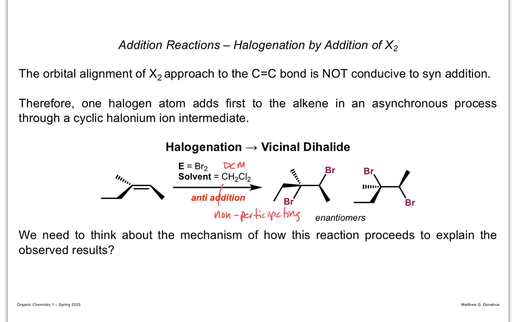This is a non-participating solvent, meaning that when you look at the product, you don't see any of the elements of the solvent in the products, do you? The only thing you see is Br and Br. You don't see any other CH2Cl2 within the product. So that's going to become relevant when we look at similar conditions, but the solvent then participates.